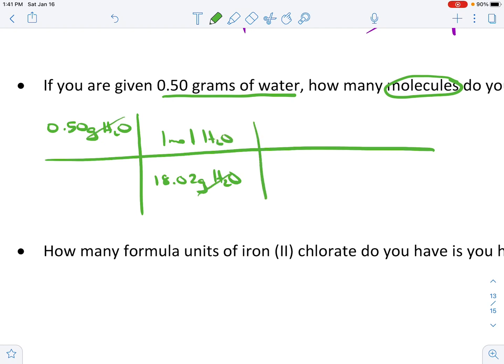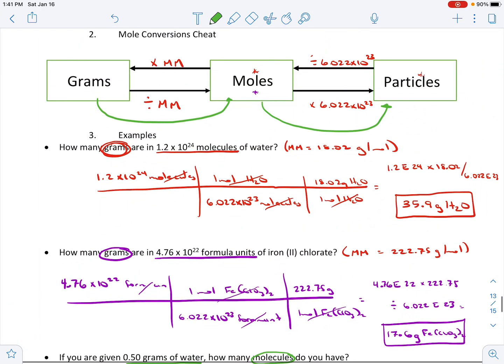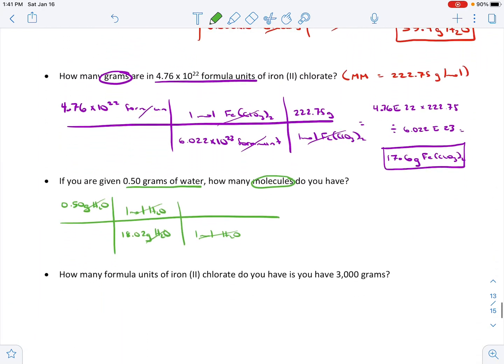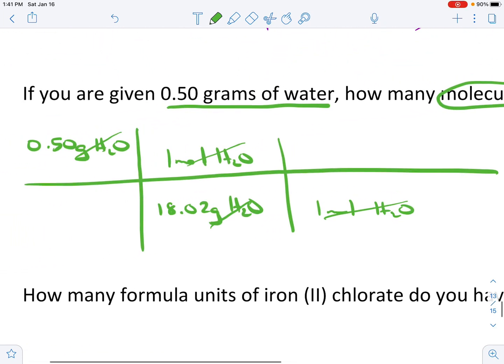And our last step is 1 mole of H2O on bottom. That way moles cancel. If we go back up to our little chart here, moles to particles is times Avogadro's number. So we'll put Avogadro's number in there, 6.022 times 10 to the 23rd. And that's molecules, which is where we want to go.